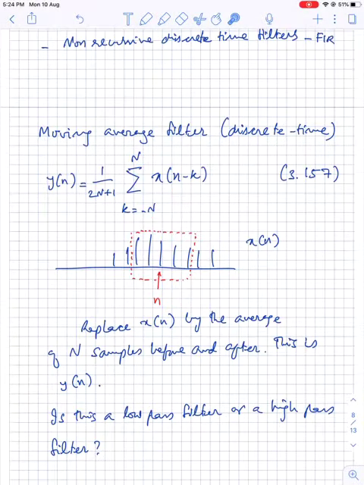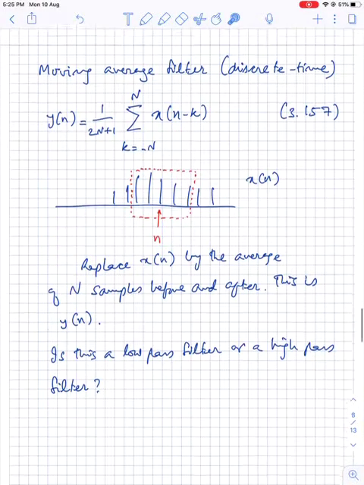So essentially, if this is my input x of n, at this particular point the output y of n is obtained by taking N points before and N points after this n, and replacing x of n with the average value. That is essentially what this is doing.